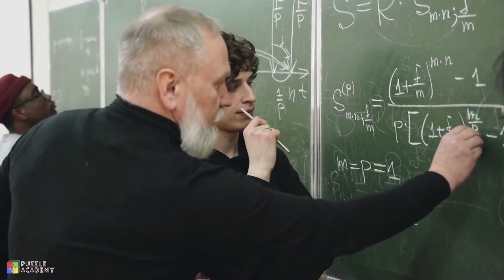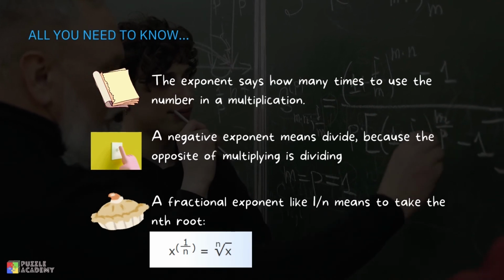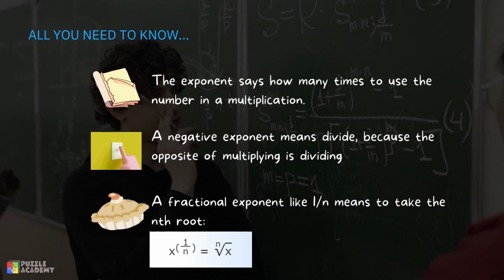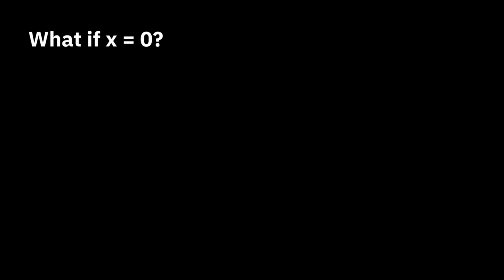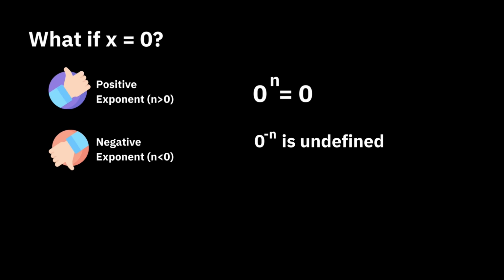And that's it. If you find it hard to remember all these rules, then remember this: you can work them out when you understand the 3 ideas near the top of this video. Oh, one more thing. What if x is equal to 0? When the exponent is positive, then 0 raised to n is equal to 0. And when the exponent is negative, 0 raised to negative n is undefined because dividing by 0 is undefined.